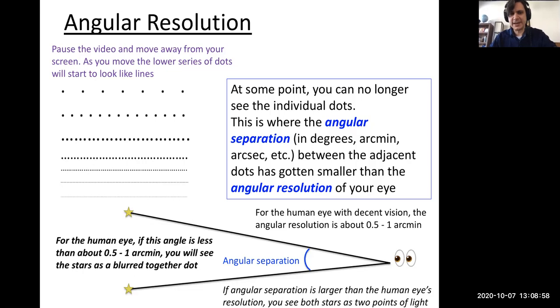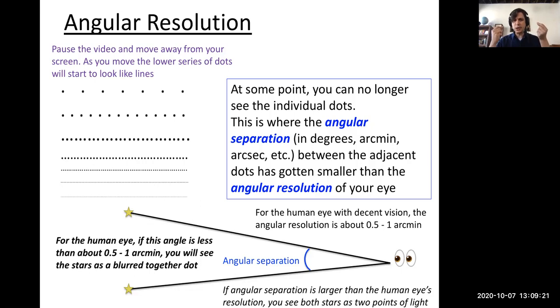And now that you're back, so as you were moving away from the computer and you started to see this row of dots turn into what looks like a line, what was happening is you had moved far enough away so that the angular separation, the white space between those dots, was smaller than the 1 arc minute angular resolution of your eye.